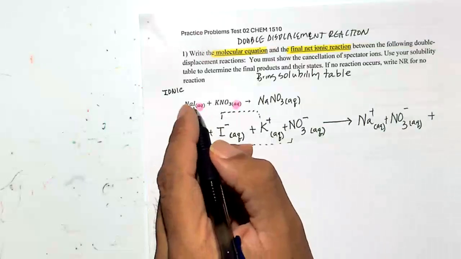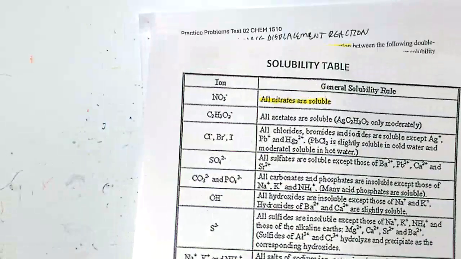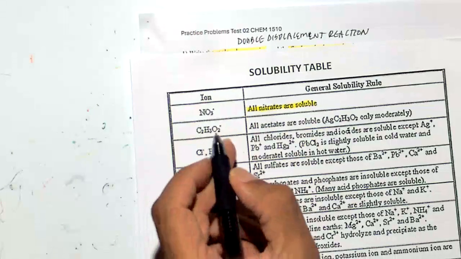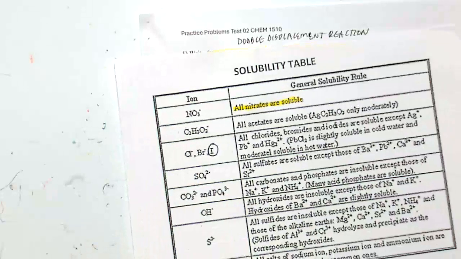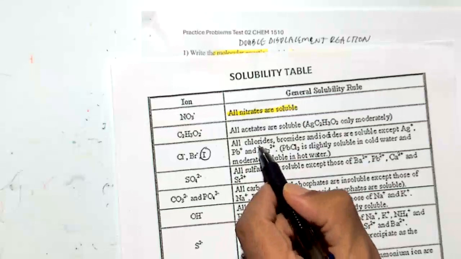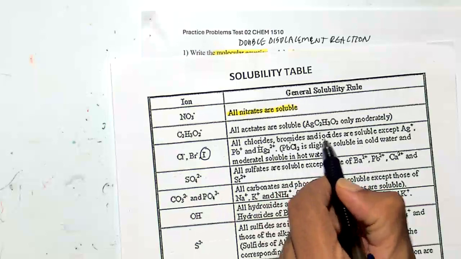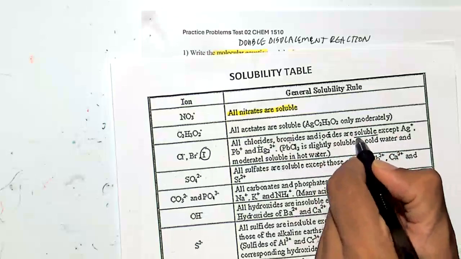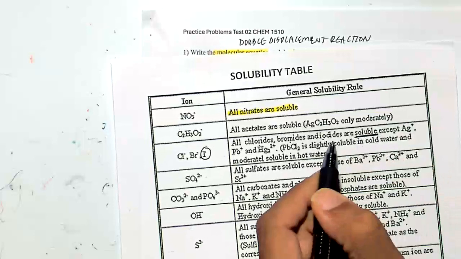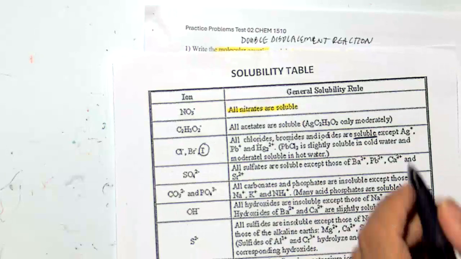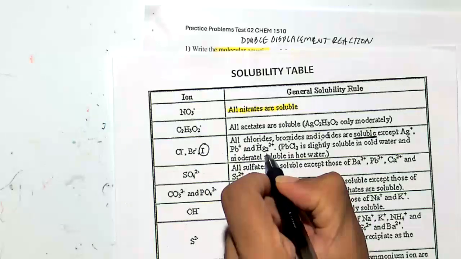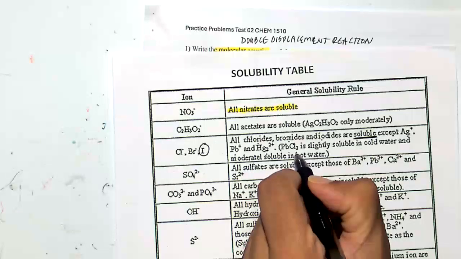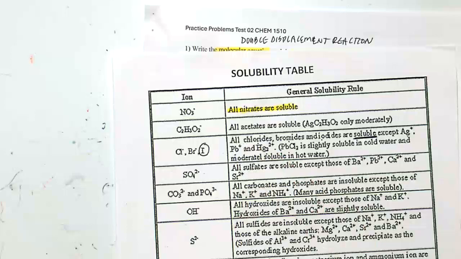Potassium iodide. So what do we know about potassium iodide? All chlorides, bromides, and iodides are soluble except Ag plus, Pb plus, Hg2 plus 2, PbCl2 is slightly soluble in cold water, and so on.